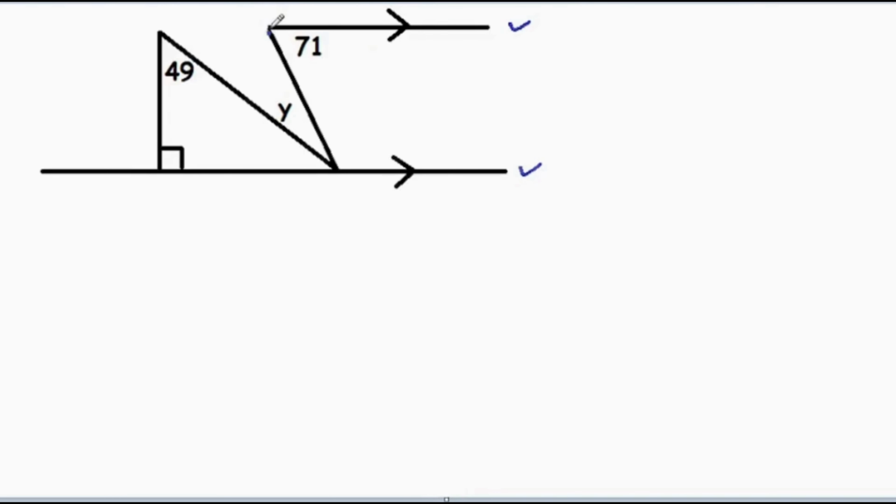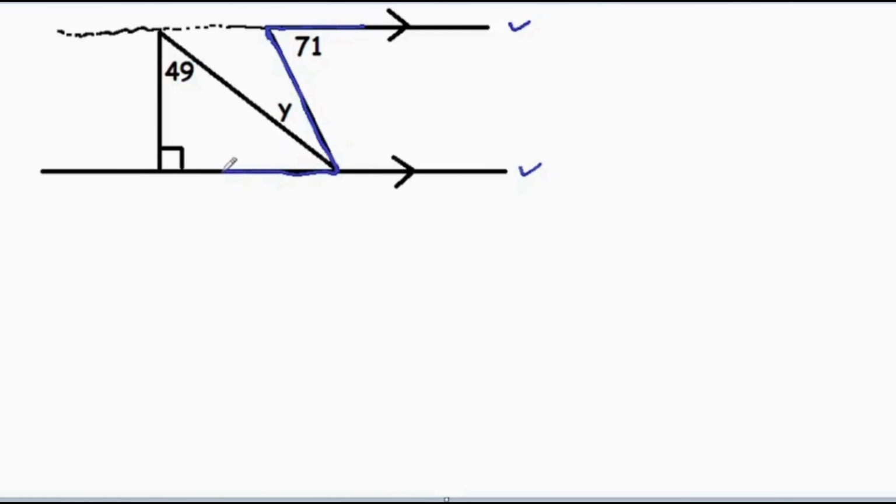Okay, good. That's a parallel line. Then let's now join these two lines together via the transversal line. Good. So I want to cover for 71, so I will turn right. Good. And I want to cover for Y, so I will turn left.